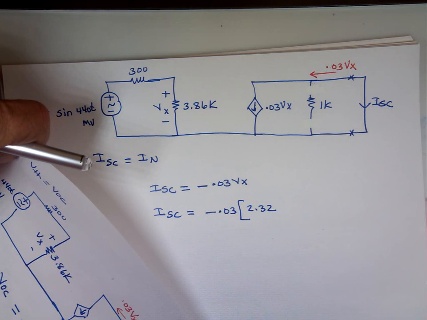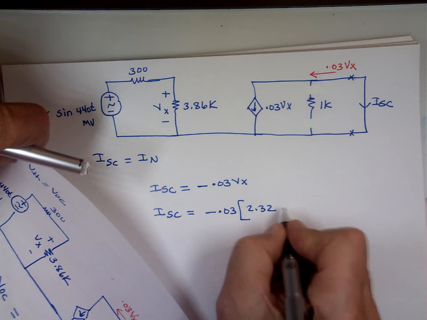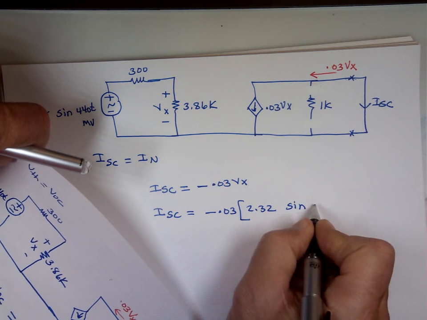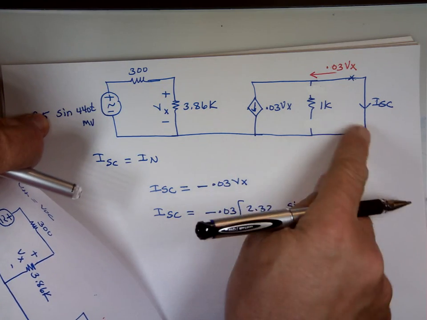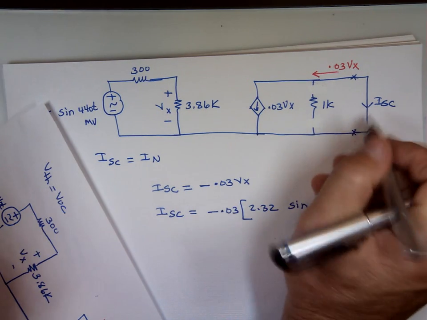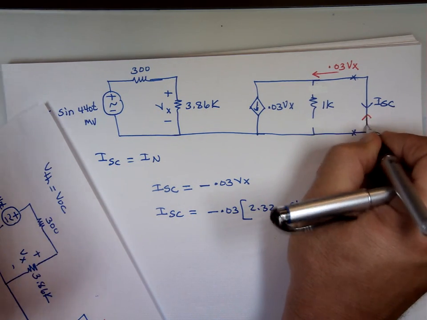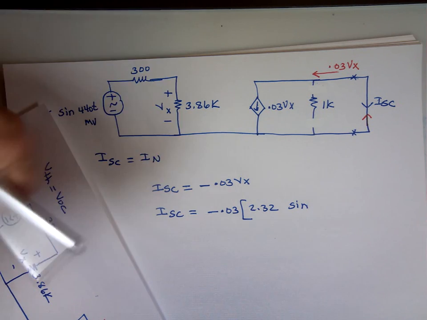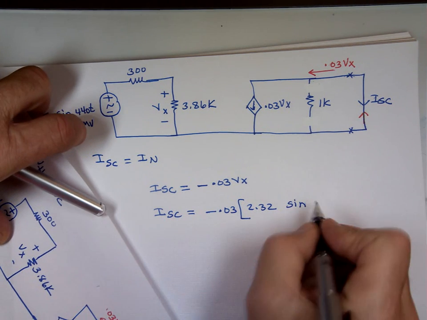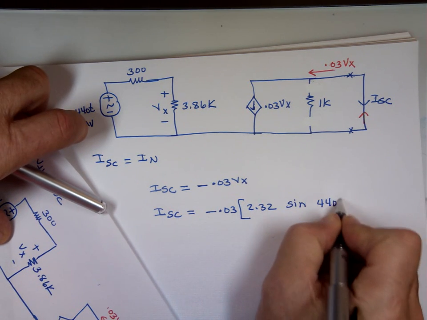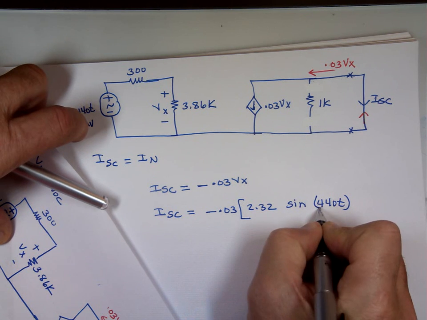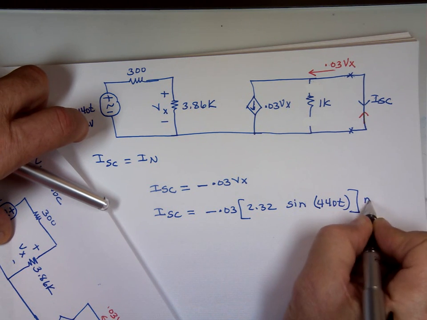Sine. Wait, why is it negative? Because that current's going up. Oh, okay. 2.32 sine 440t. And the value in milli. You do your math.